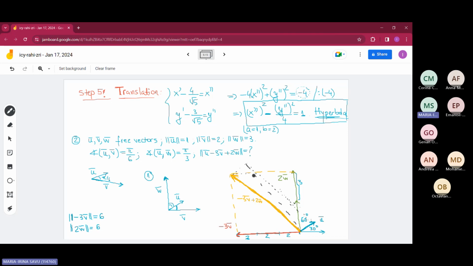So let me draw it in this way. We have this diagonal. So this is the sum between these vectors. But you cannot find this sum from this drawing.